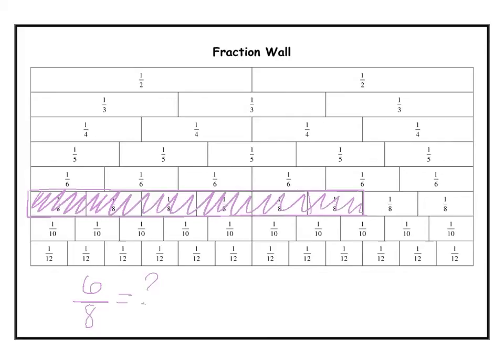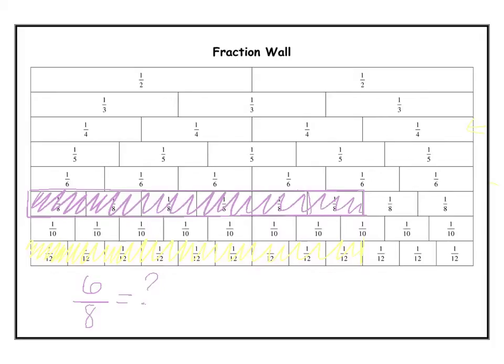All right, so I'm going to choose a different color here, and I can look at my fractions wall and see that I could color in fourths, or I could come down here and color in twelfths. So I'm going to drop down here and I'm going to color in twelfths. I'm going to color until I get to right here.